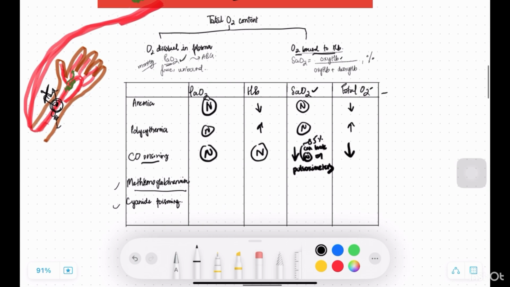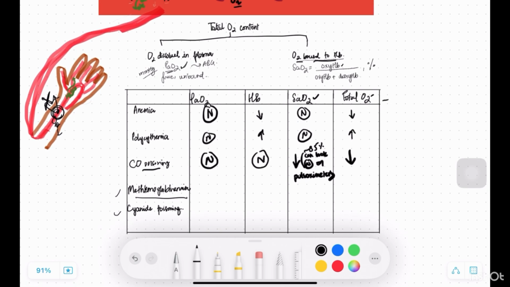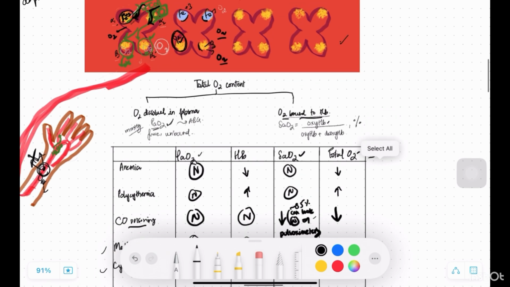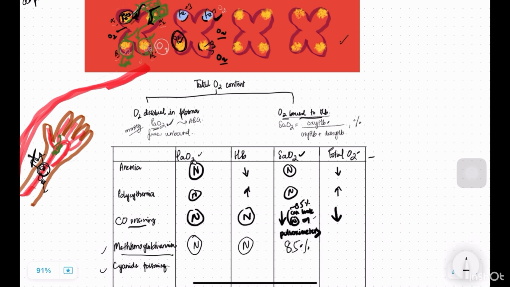So, when we go back to the table, what happens to the dissolved oxygen in the plasma? It's going to be the same. What happens to hemoglobin? The amount of hemoglobin is the same, that's not changing. Again, similar to carbon monoxide poisoning, the saturation of oxygen is going to be fixed at about 85% because the pulse oximeter is not going to be able to read ferric ion and the ferrous ion and everything separately. So it's going to be tricked into thinking that the saturation is about 85% when it can be much lower also.